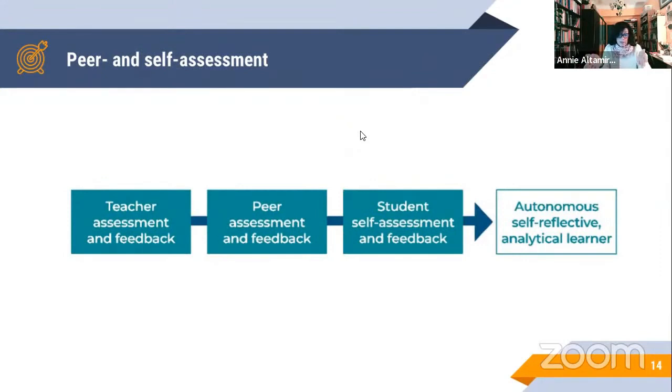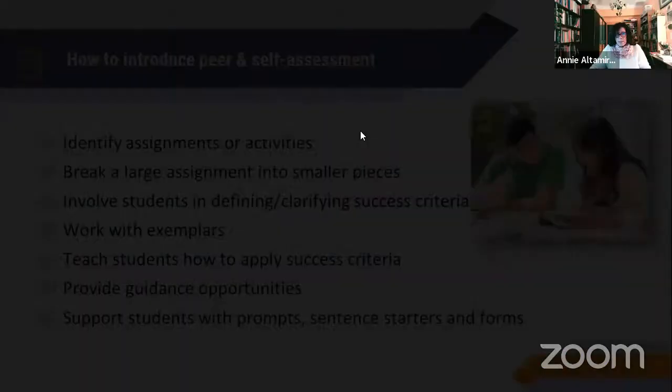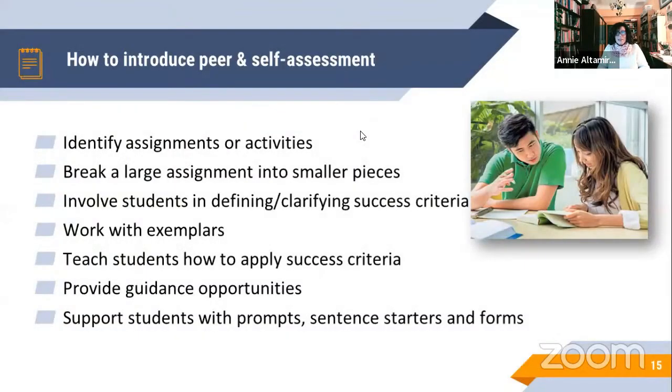As to student self-assessment, when we explicitly teach students to become effective self-assessors, they become empowered to take responsibility or to take charge of their own learning. Again, an essential life skill. So, some practical ideas. How can we introduce peer and self-assessment?